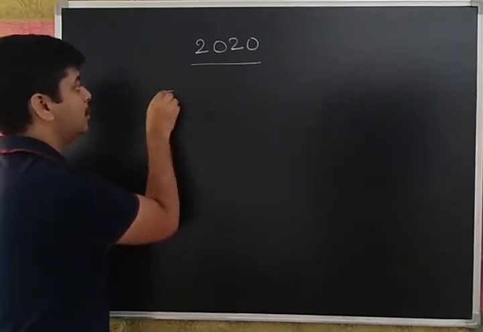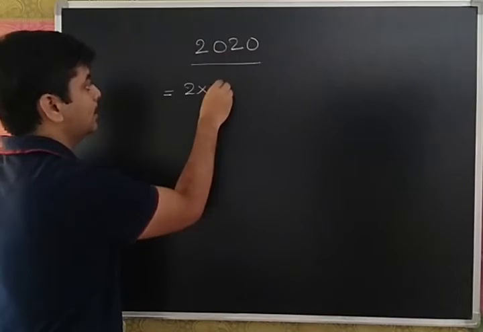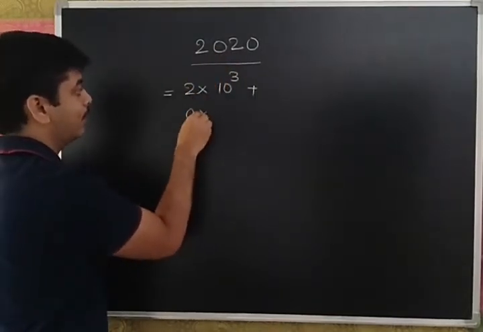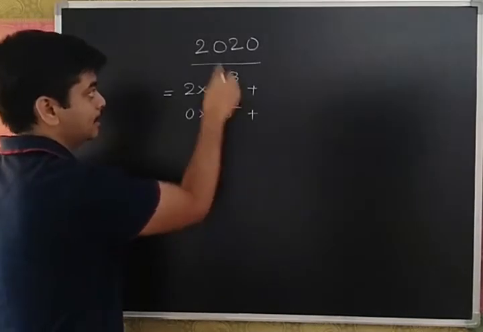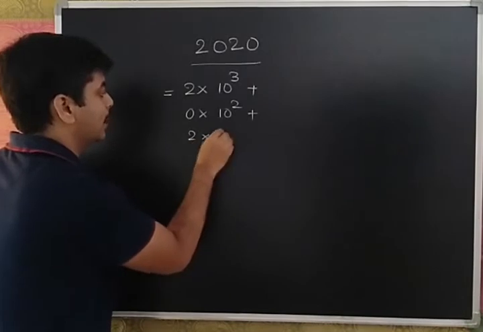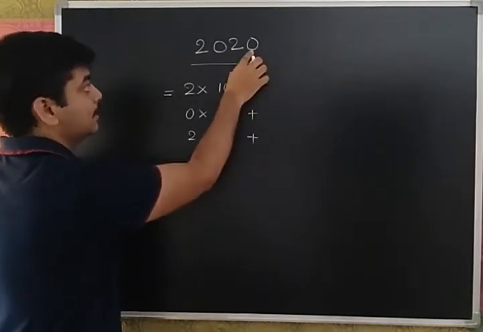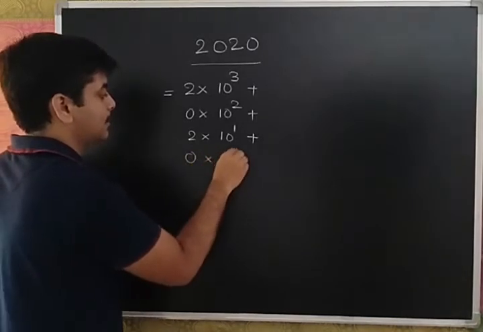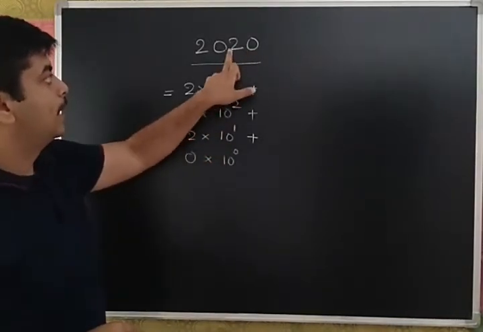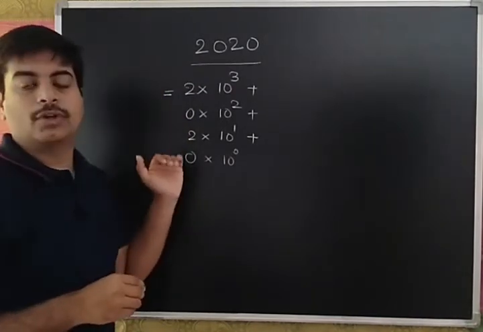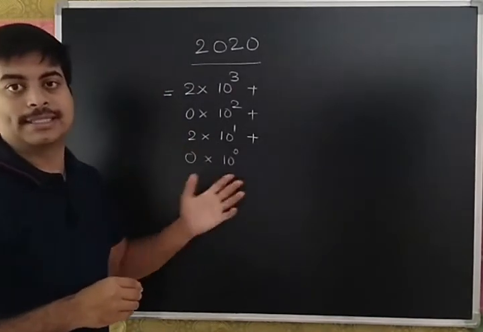This is equal to 2 into 1000, that is 10 cube, plus 0 into 100, that is 10 square, plus 2 into 10 power 1, plus 0 into 10 power 0. This is the representation of a number in its decimal system.